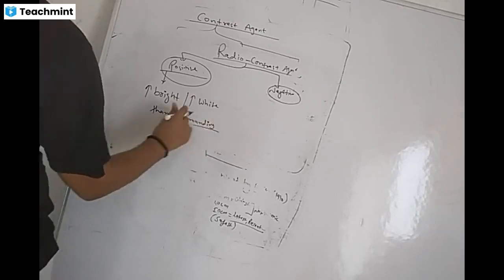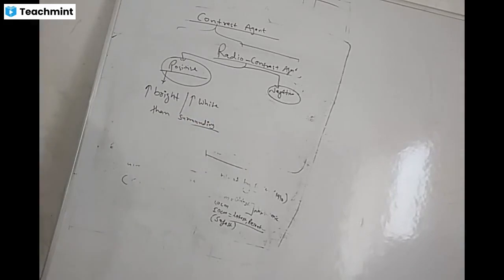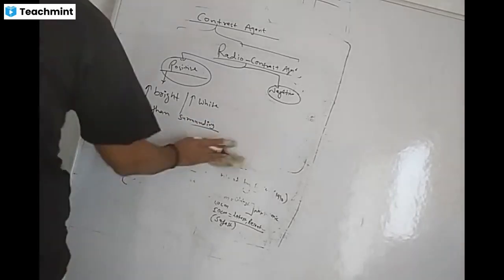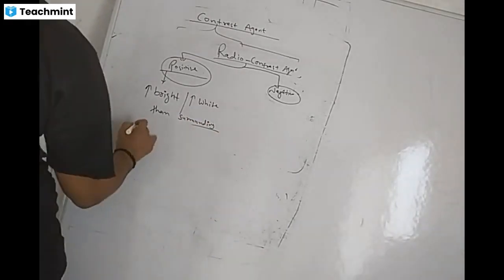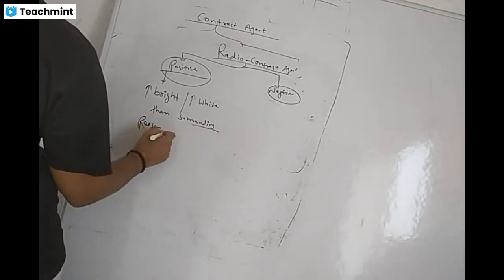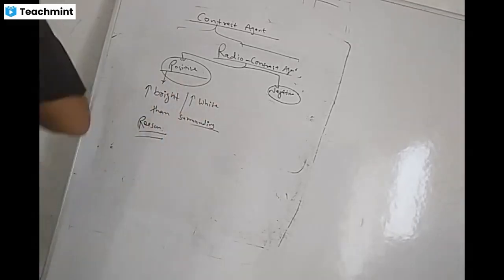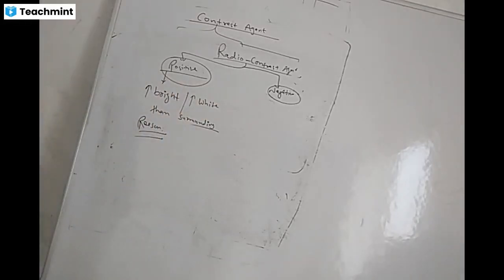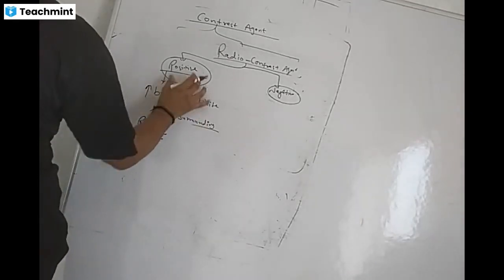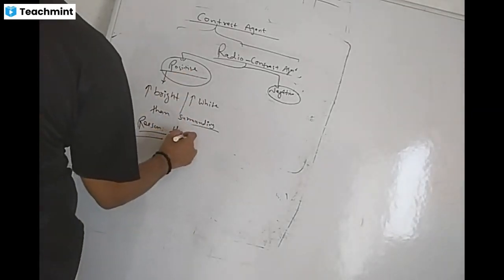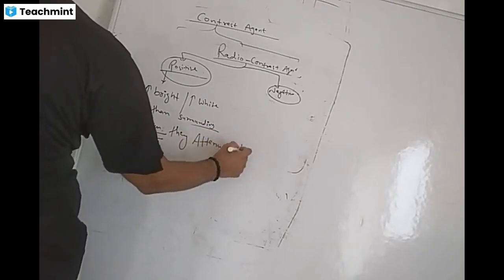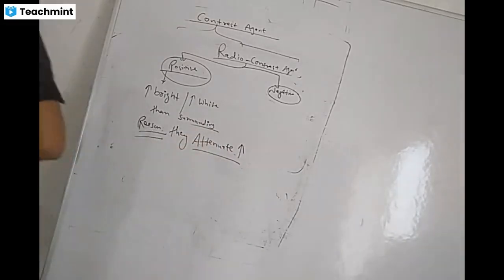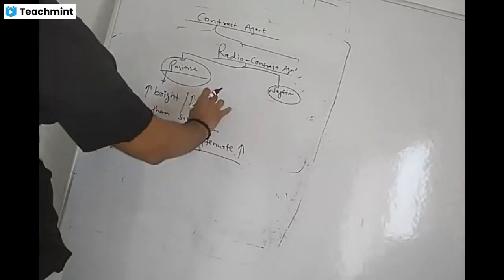If you inject or give them orally, they are whiter and brighter than the surrounding. What is the reason for this? The reason is that these positive agents attenuate X-rays more than the surrounding.